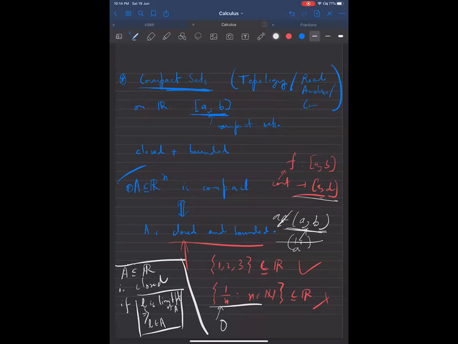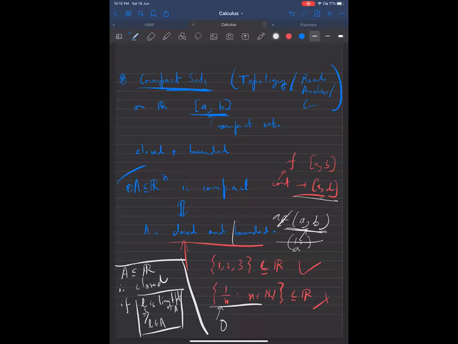So a and b are the boundary points. The points exactly are not in the set, but still they're the limit points of the set. So that is the reason this is not a closed set.